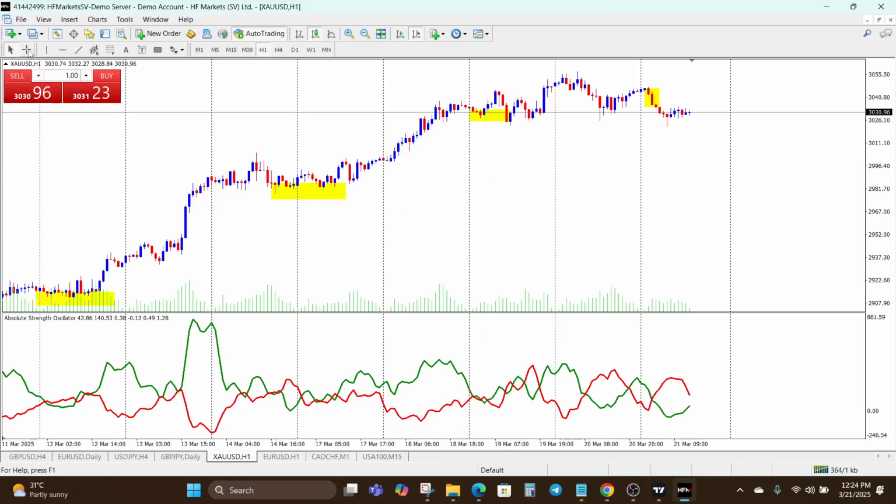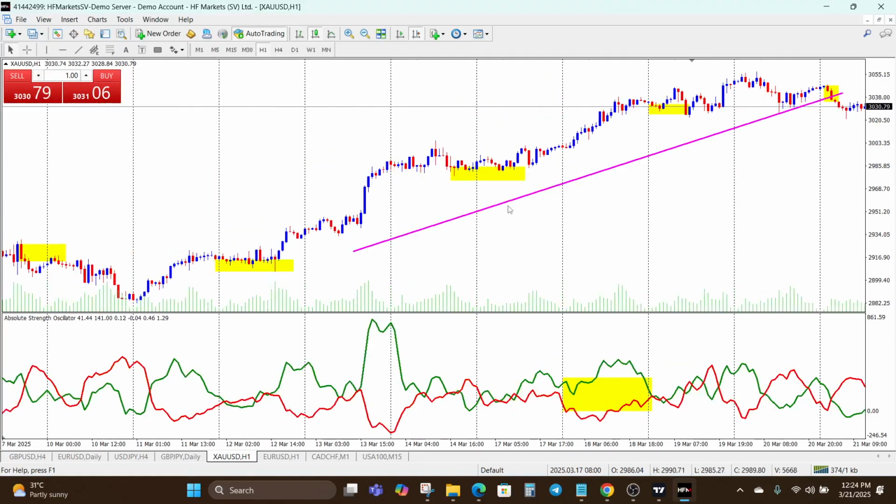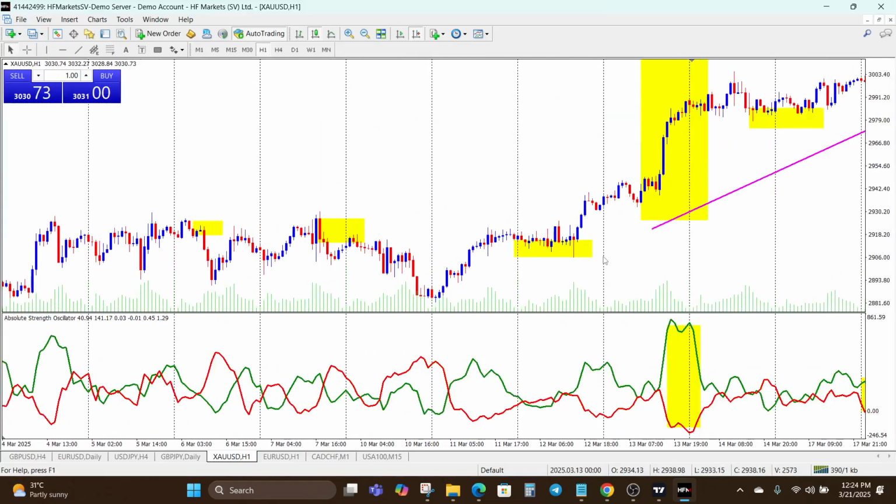So when you have the green line above the red line and you notice that the gap is very wide, it shows that the buy momentum is strong. You can see when this very wide gap happened, we had a significant buy pressure here. So when the gap between the green and the red is wide, you know that there is strong momentum.